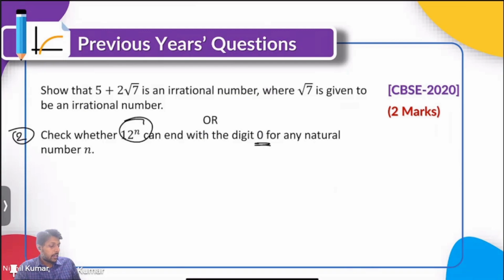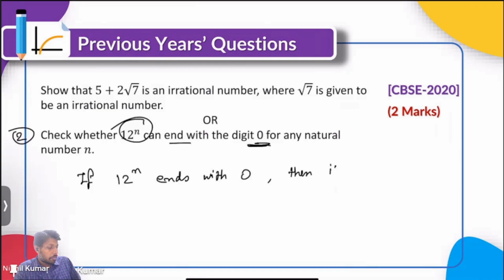We know that 12 to the power n, if it ends with a digit 0, that means it must be divisible by 10. Let's say if 12 to the power n ends with 0, then it must be divisible by 10. Right?